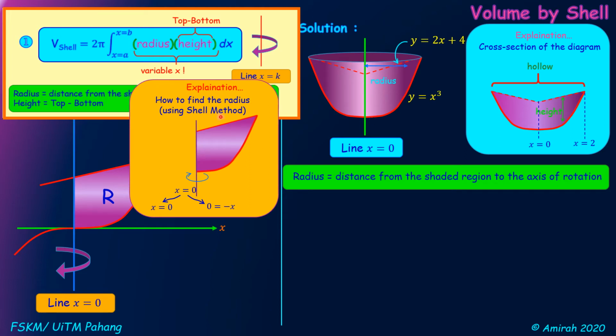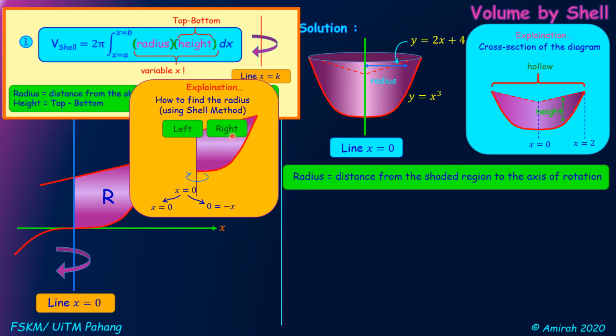How to find the radius using the shell method? From the original shaded region here, the axis of rotation is on the left side and the shaded region is on the right side.